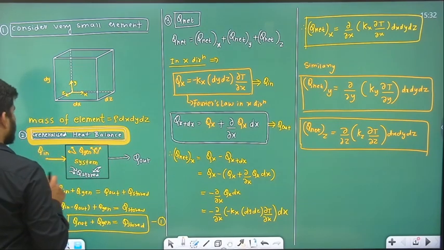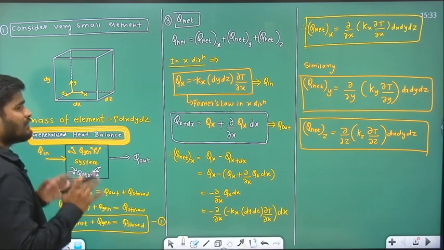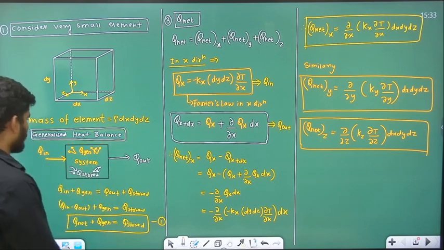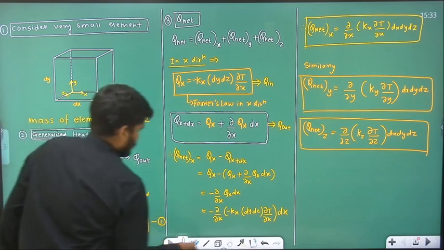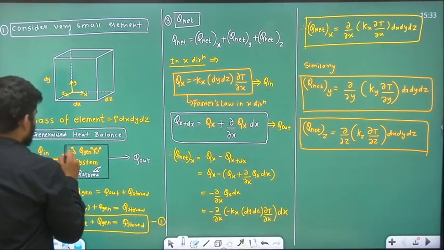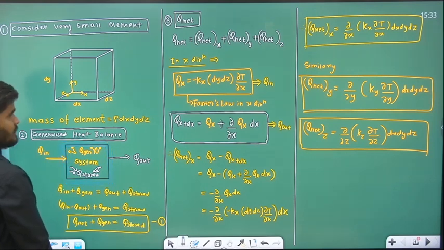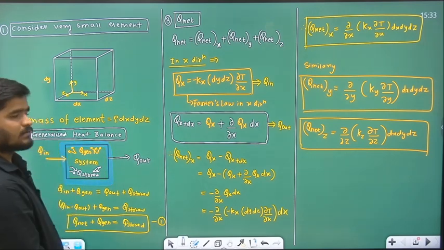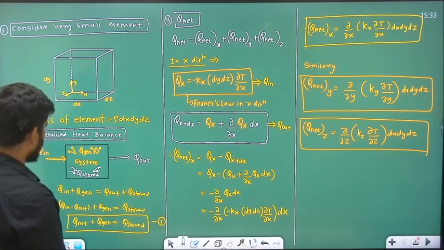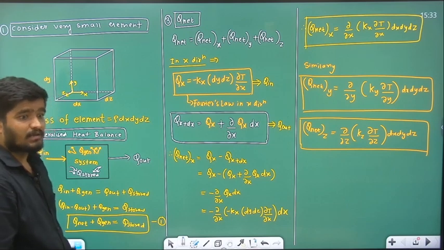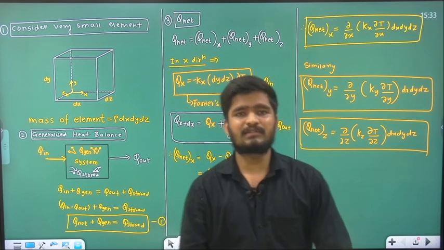So what it means? My dear friends, it means we have to balance heat in a generalized way. So let us think of, if I consider a system, there is a chance of heat entering into the system, heat going out from the system, heat generating within the system, and heat energy stored within the system.